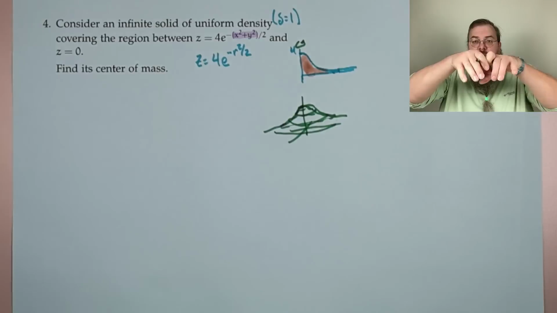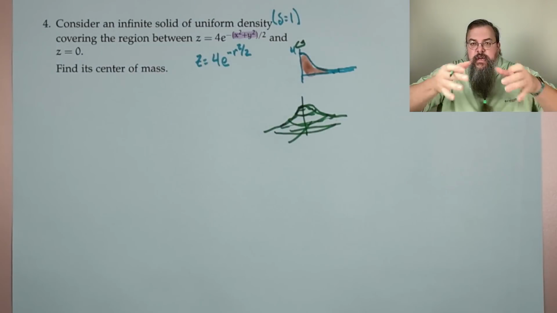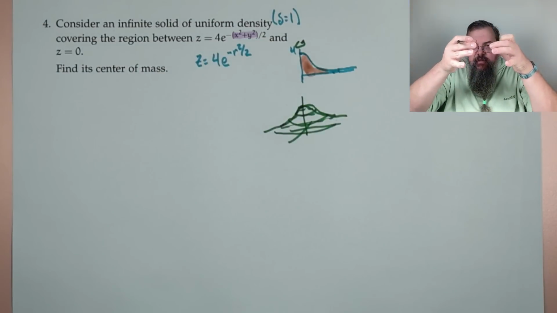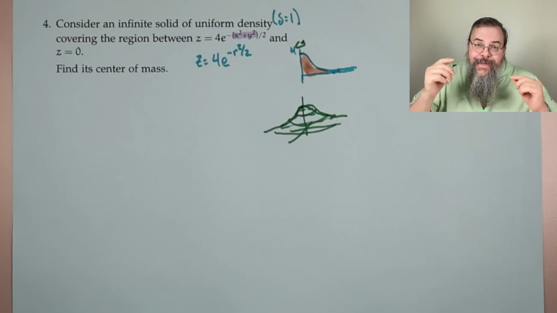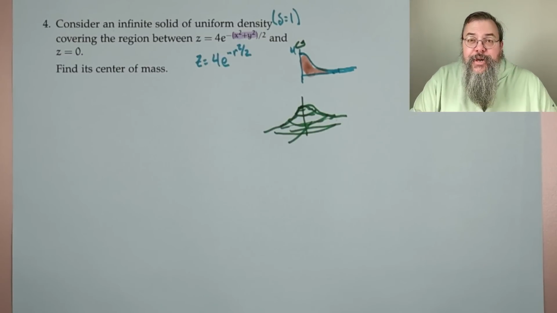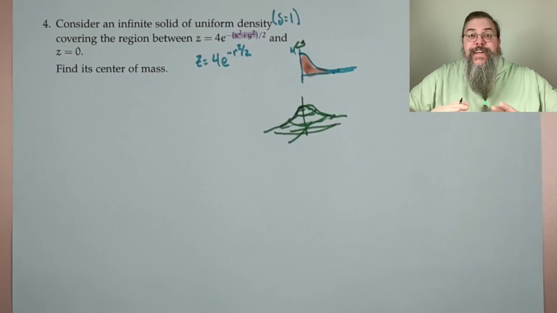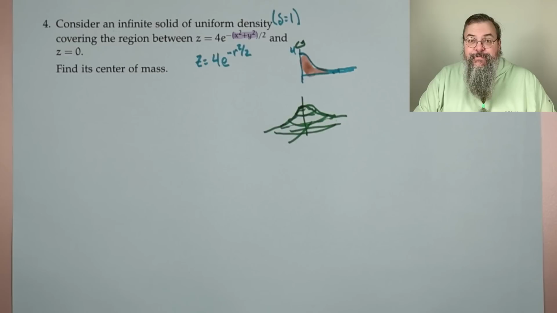So there's this peak at 0, 4, and then it quickly goes down. Now, not the best picture, but it's enough for us to make one quick observation.